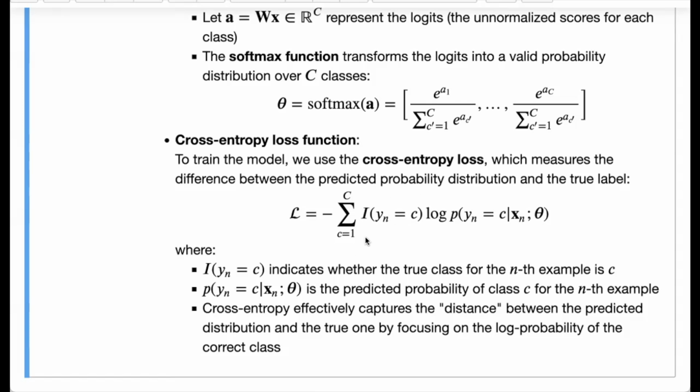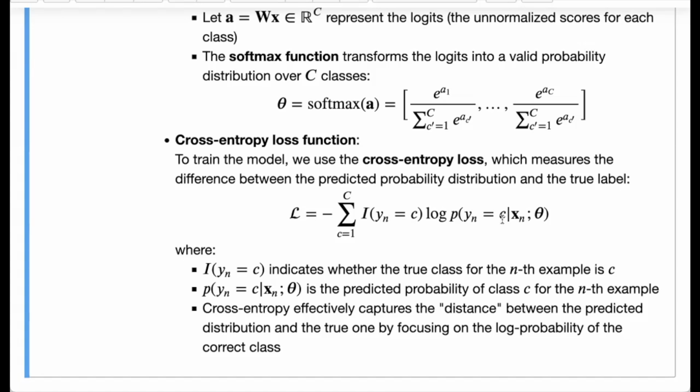And when it is C, then we have this negative log of the probability that that data point belongs to that class C. And therefore, this is a way that we can measure the distance between the predicted distribution and the true one by focusing on the log probability of the correct class.